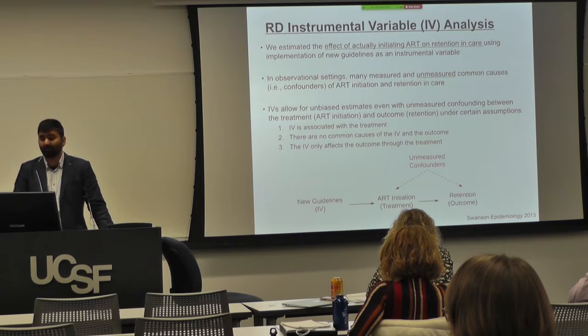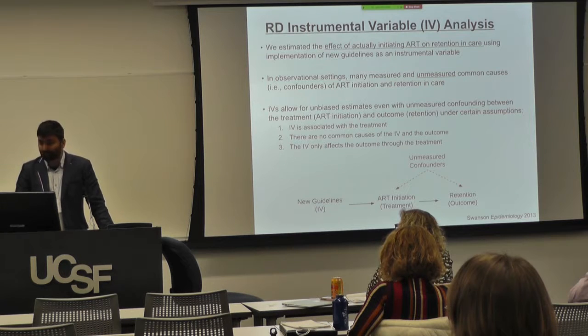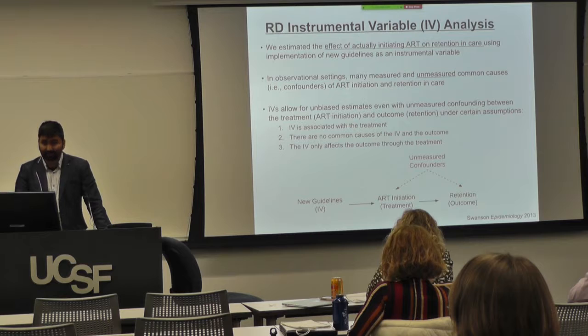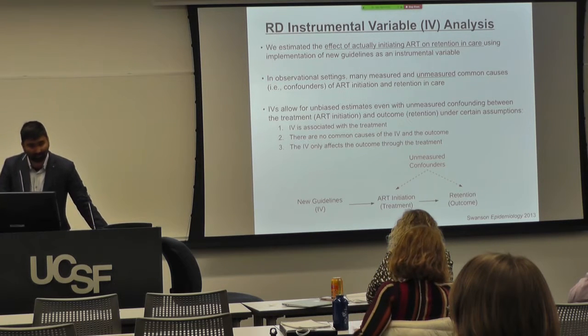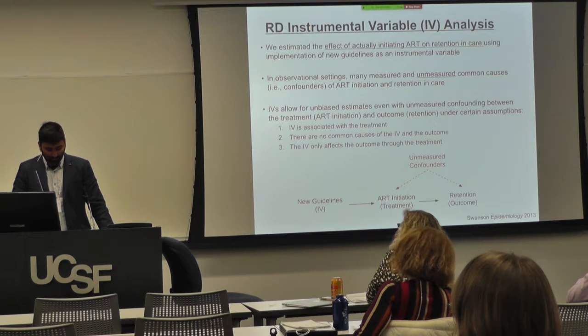But IVs allow you to obtain unbiased estimates even in the setting of unmeasured confounding between the treatment, which is ART initiation, and the outcome, retention in care, under a few certain assumptions which are quite plausible in our setting. One, the instrument, in this case implementation of guidelines, is associated with the treatment, which is ART initiation. Two, there are no common causes of the instrument and the outcome, which is also plausible because nothing really affected the implementation of the guidelines that would also affect retention on a wider scale in the country.